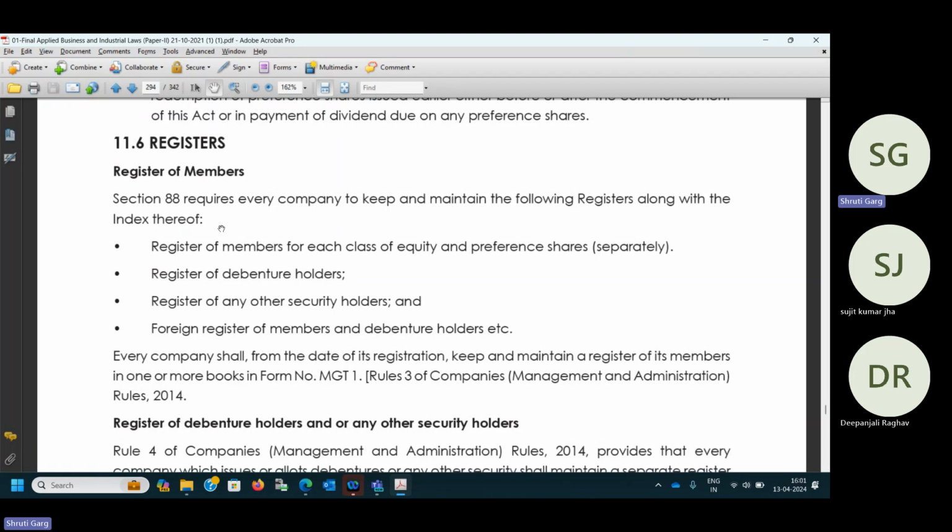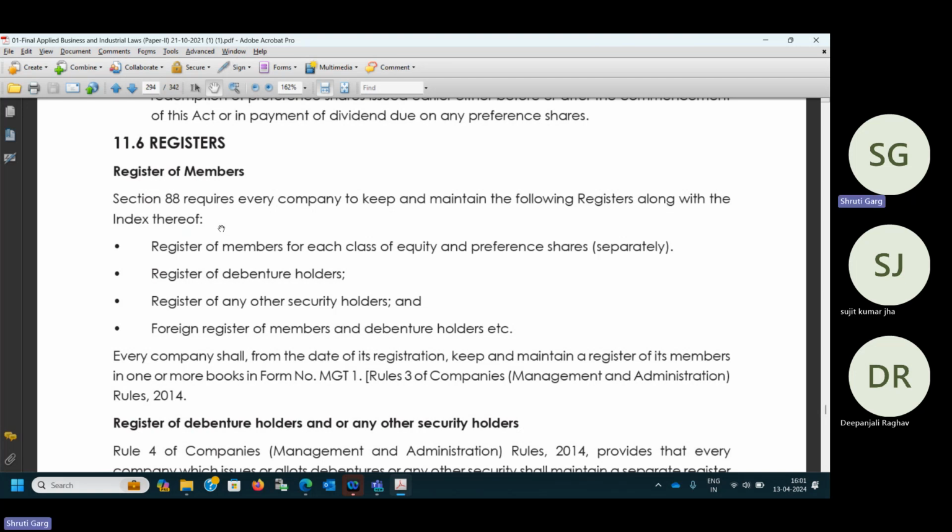Directors' details, their DIN number, KMP details, residential address, business address, PAN number. Basically, it is a basic record for the company, and every company is required to maintain the statutory registers.